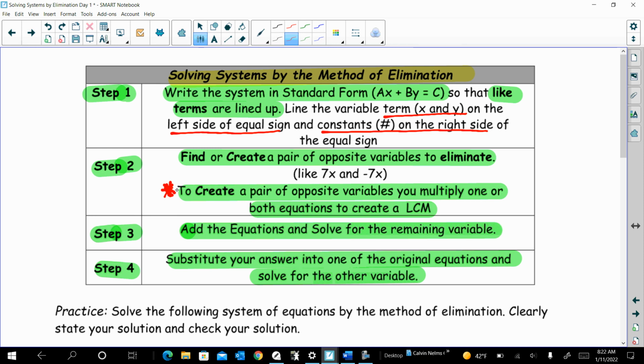It says here, to create a pair of opposite variables, you will have to multiply one or both equations to create an LCM. Your LCM, because you're going to multiply here, is your least common multiple.